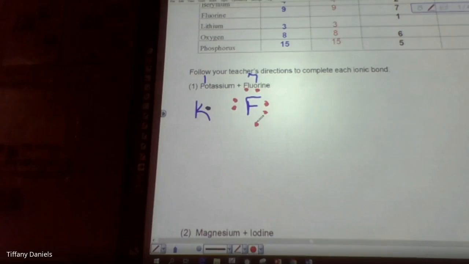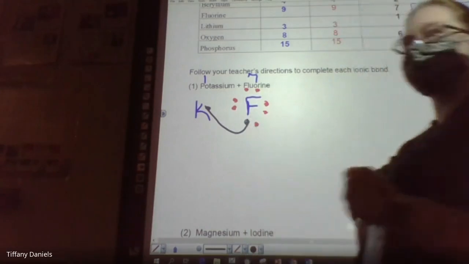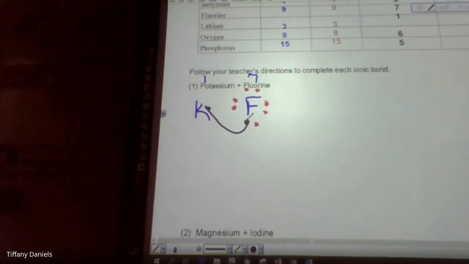All right, so fluorine has 1 empty space. Potassium's like, hey, I have an extra electron. Do you want it? And fluorine says, well, heck yeah. So it transfers it to fluorine.